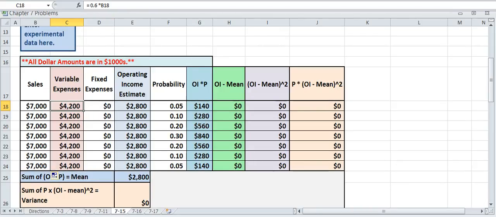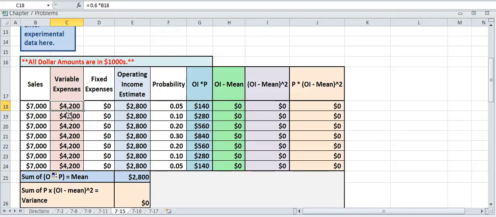If you look right up here, you follow my cursor up. So that's what this is, and because it's a percentage of sales, variable expenses are not going to change the ratios of the sales.